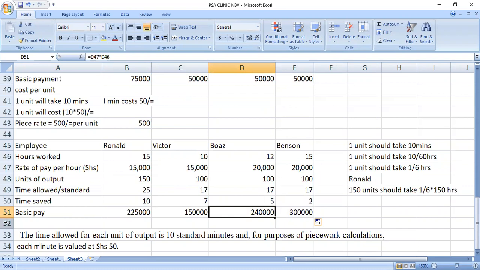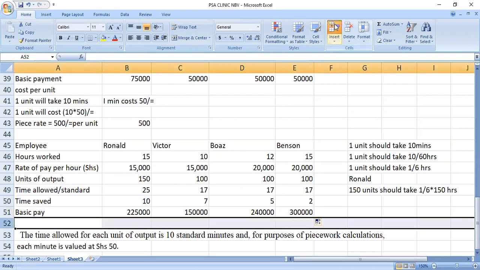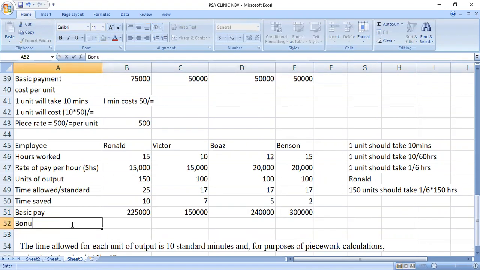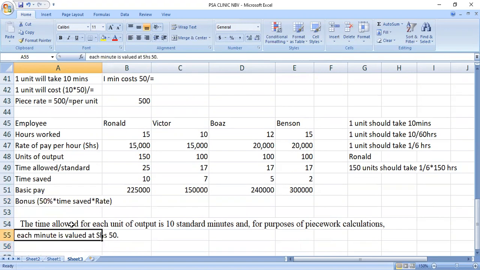So I'm going to get the bonus. For the bonus, it is as simple as it's 50% of time saved times the hour rate. That's the formula. Or you can first get the time saved times the rate alone, and then attach the percentage.